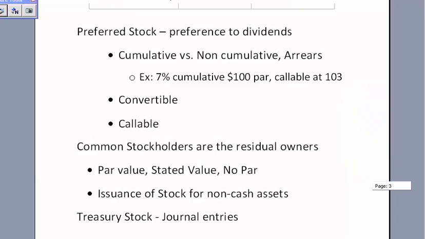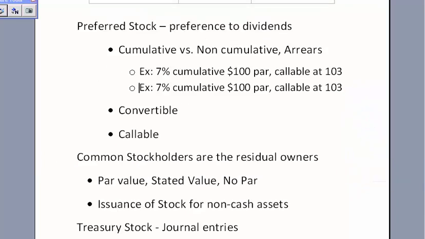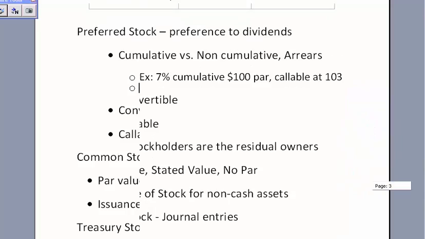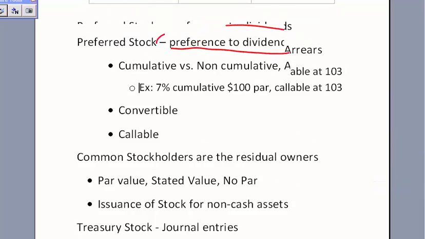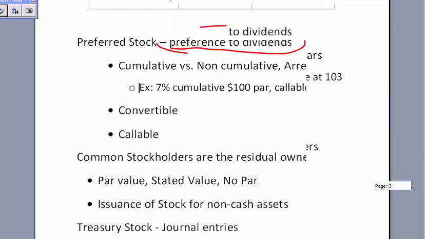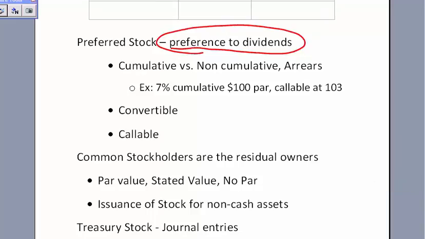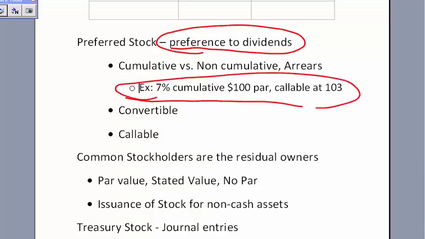Let's jump up here and do the preferred stock. The preferred stock is another way that you can issue stock that you get preference to dividends. So the board of directors declare the dividends, and the preferred shareholders get their money first. When these shares of stock are issued, then they'll have a par value and they'll have a stated rate.